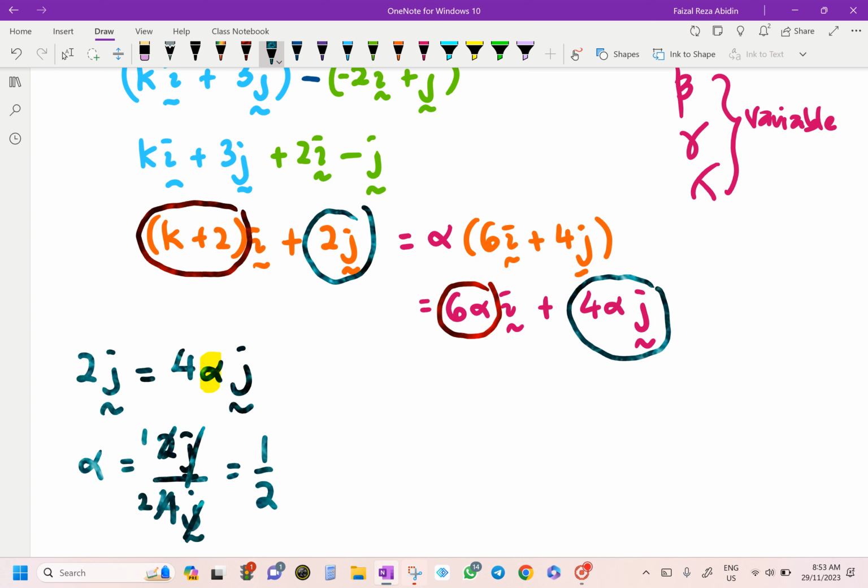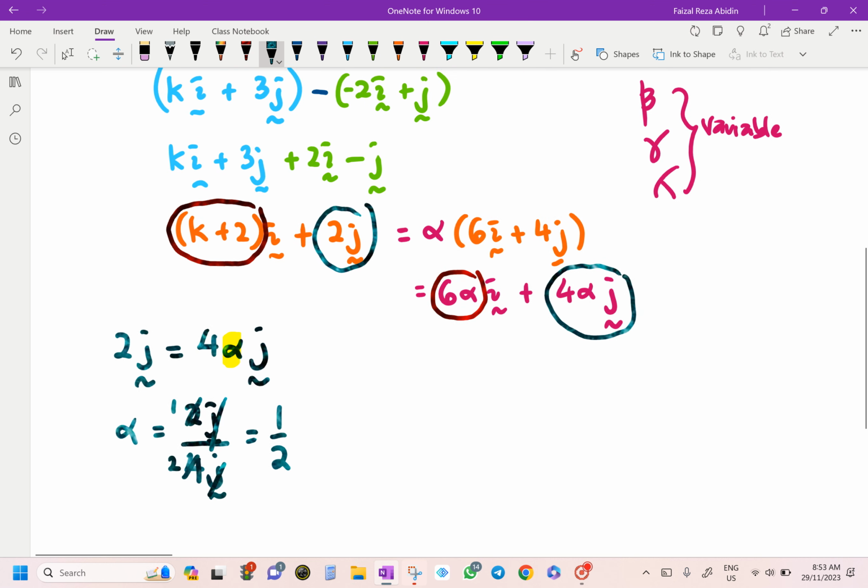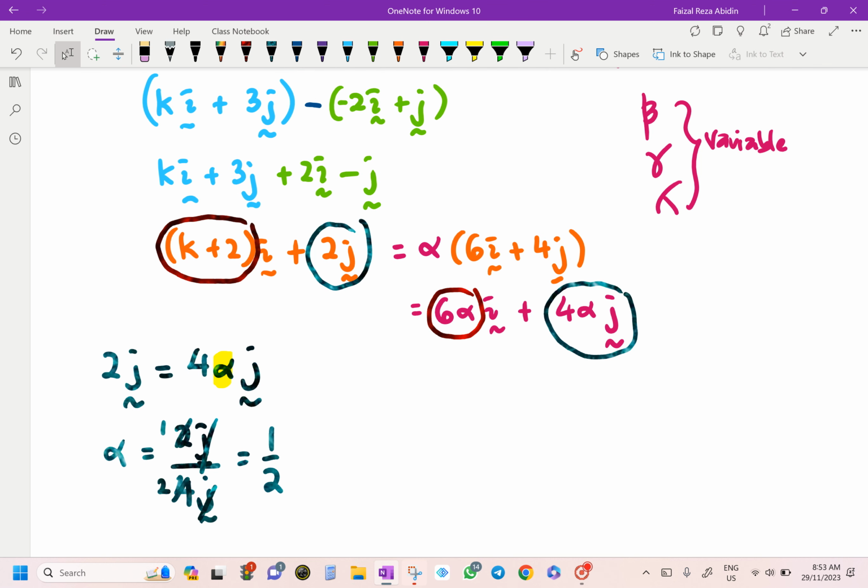Because what does the question ask us to find? k. Be patient first. We will substitute our alpha. After we have our alpha as 1/2, where are we going to substitute it? You are going to copy back over here.